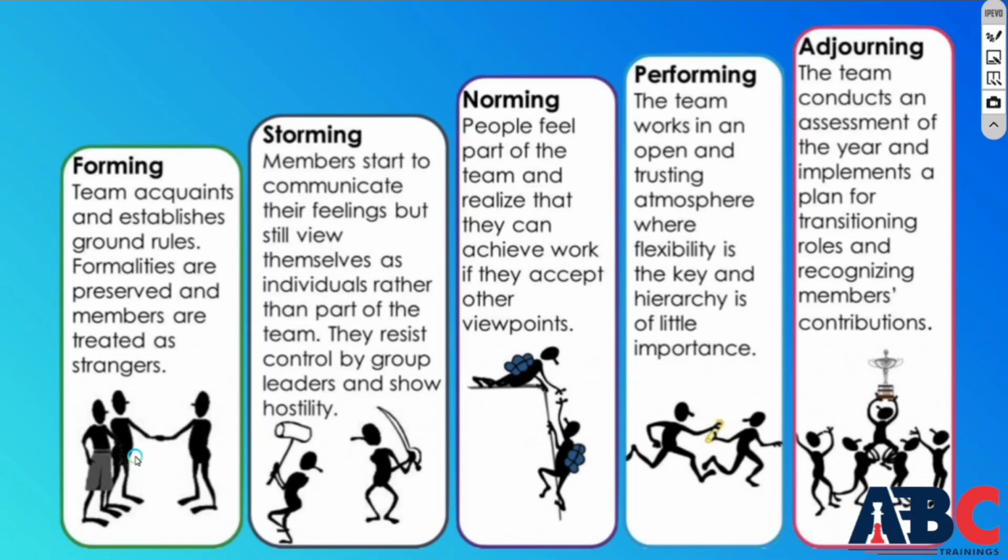If a team leader is controlling the group, they resist and show hostility. This stage is called storming. After that comes norming. People feel that as a team we have to work. They realize they can achieve the task assigned to them. We accept it as a team, then we can complete the task. We call it norming.